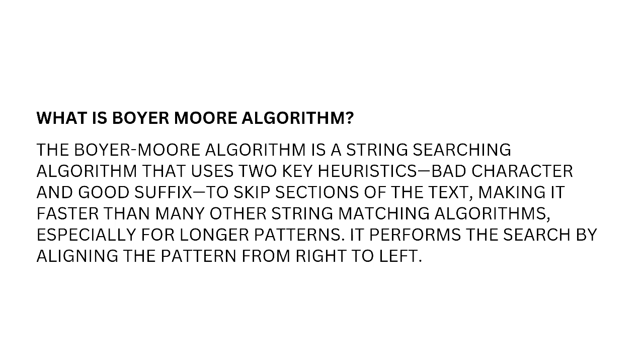It's pretty simple. There is no need for extra explanation in the definition. It uses the two heuristics: one is bad character, then there is the good suffix. And to search, it aligns the pattern right to left, and then it simply finds the pattern inside a longer string.